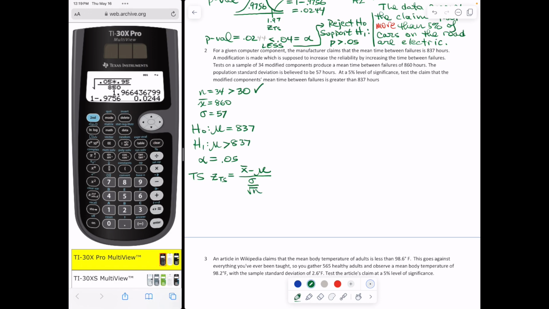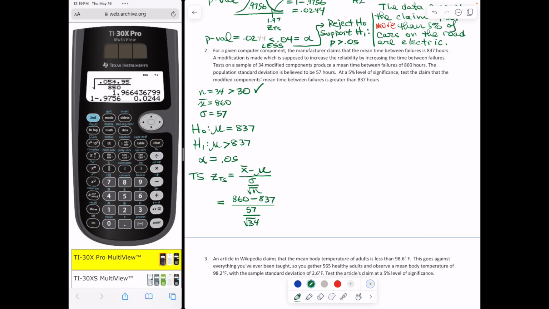Okay, so and we've got all these numbers. So the x bar was 860 minus the mean time between failures, which was 837. Okay, one's the sample mean, the other's population mean. Over sigma, that's 57, divided by the square root of n, that would be the square root of 34.